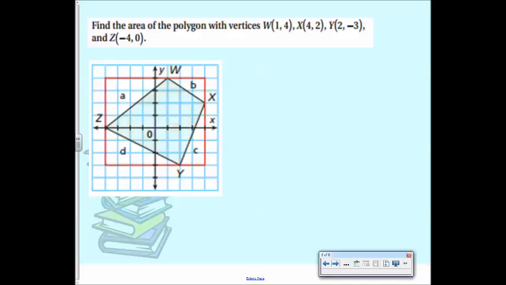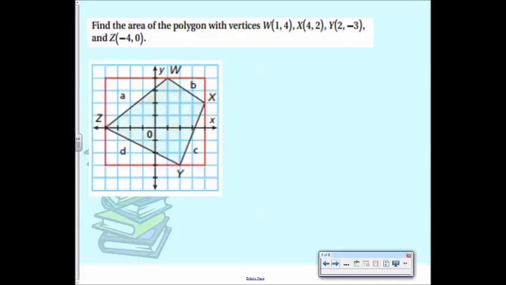It's still work, but we don't need to use the distance formula because the bases of these are all straight lines. So you can just count the lines, and then you can find the area mostly mentally.